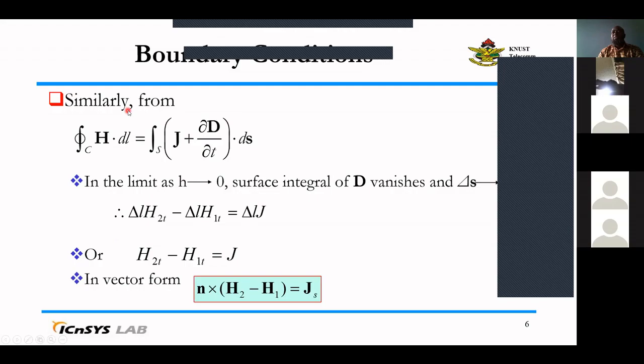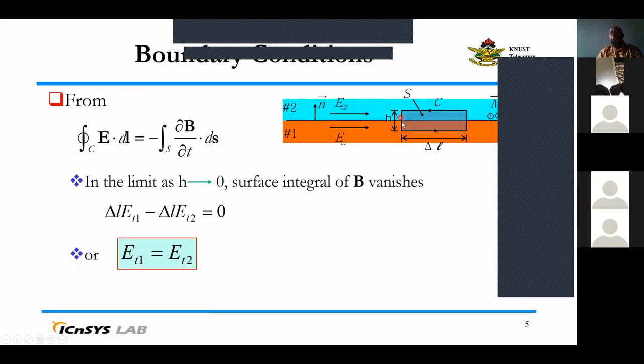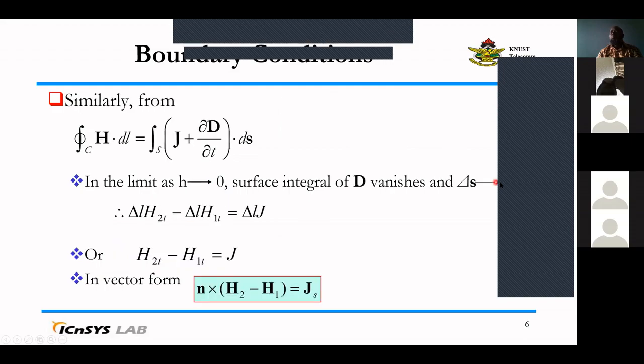What about the case of the magnetic field intensity at the interface? Just as we observed in the previous slide, as delta h approaches 0, the surface integral of D here will also vanish. Since delta h is approaching 0, this rectangle, which had a surface area, is now reduced to a line.